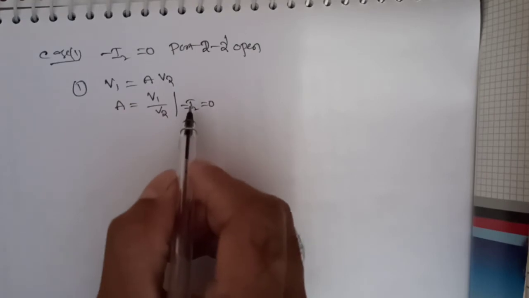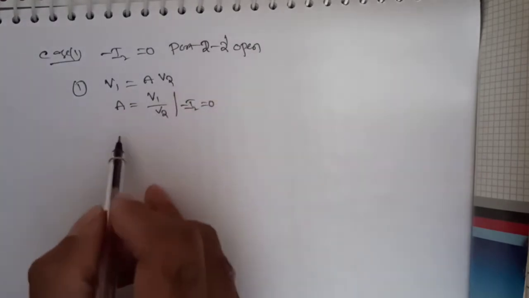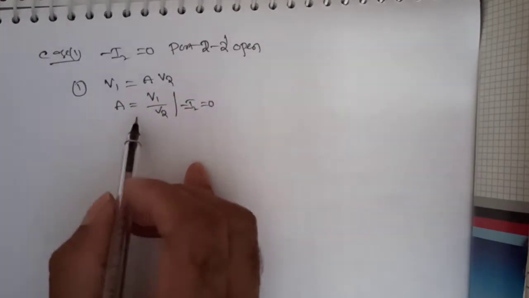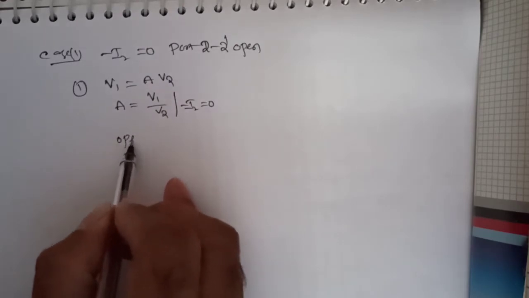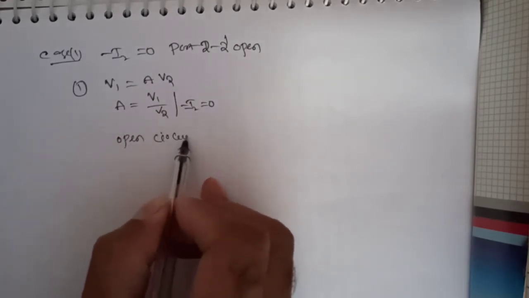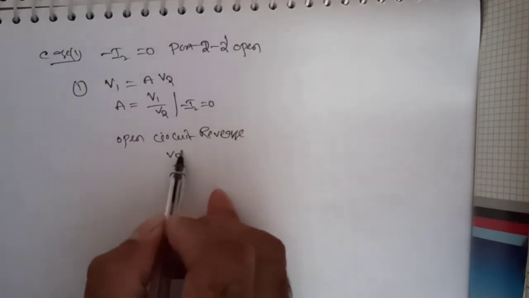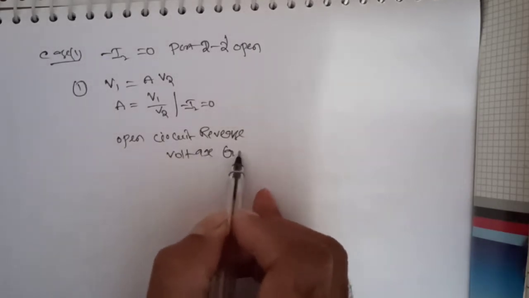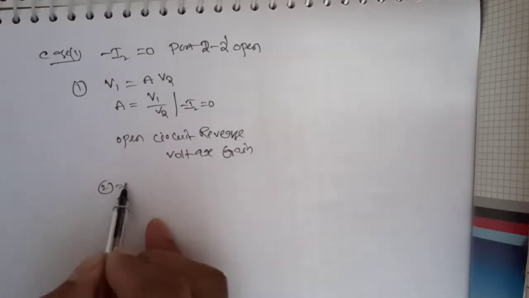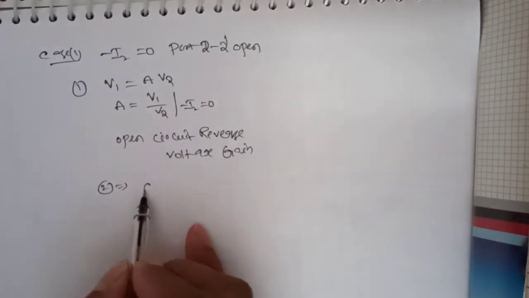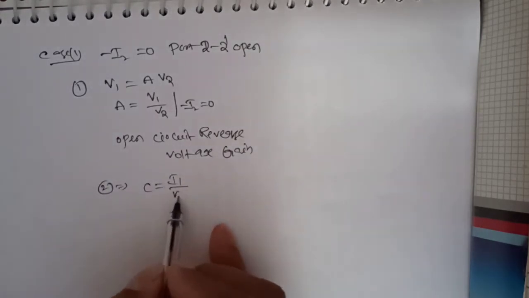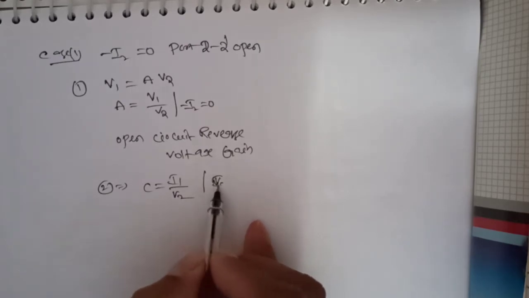I2 equal to 0 is nothing but open circuit, and V1 by V2 is nothing but voltage gain, which we already discussed in the H parameters. That's why we can say this is the open circuit reverse voltage gain.